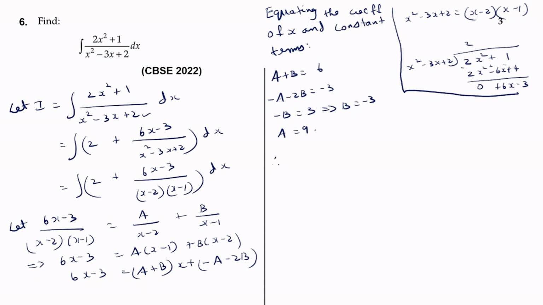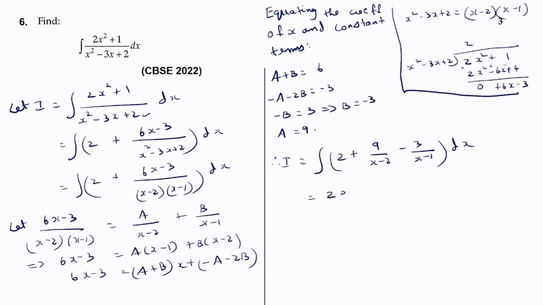Therefore, the given integral becomes integral 2 plus, in place of this (6x minus 3) by (x minus 2) into (x minus 1), we have a by (x minus 2), we got a as 9, so it is 9 by (x minus 2), and b as minus 3, minus 3 by (x minus 1) dx. Now we can integrate this easily.